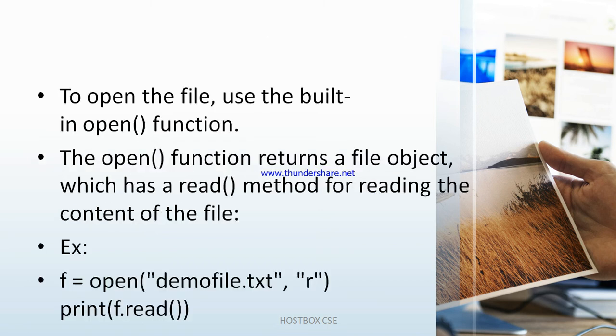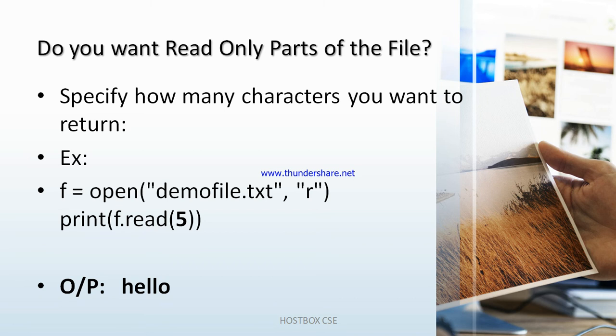To open the file, you can use the built-in function open, as I already told you. The open function always returns a file object which has a read method for reading the content of the file. For example, you can say fc = open('demo file.txt', 'r') and print(fc.read()). Whatever information is in demo file.txt, it will read the file content and display it here, if the file is available.